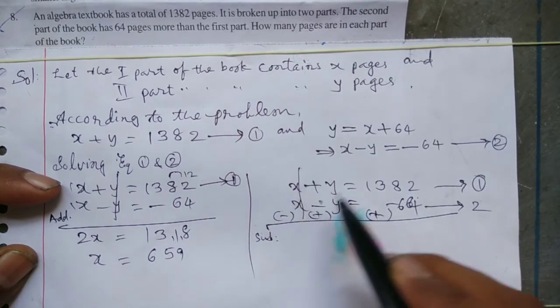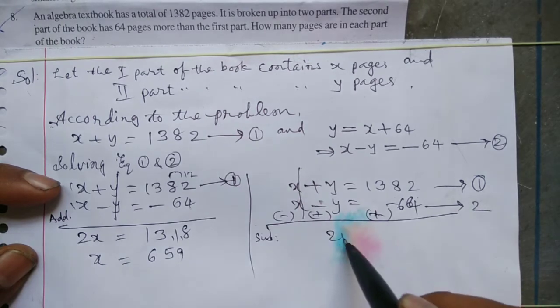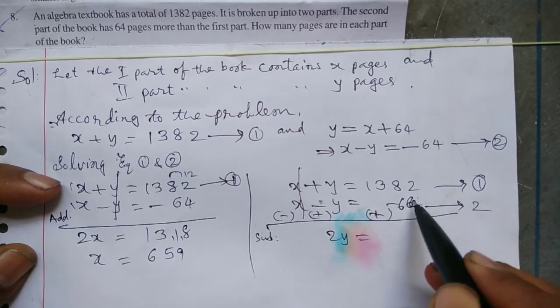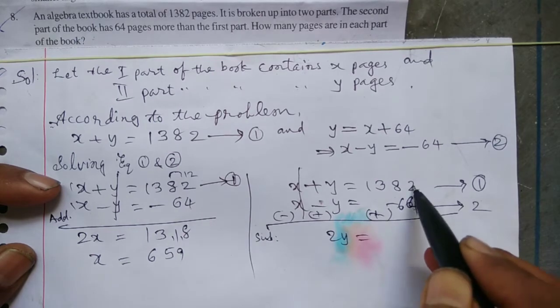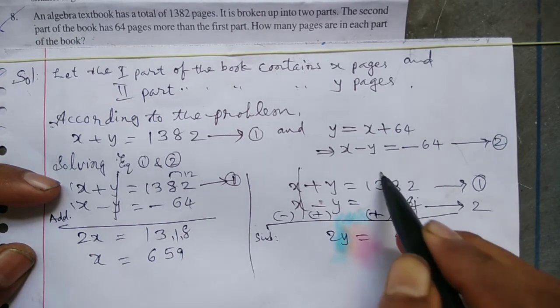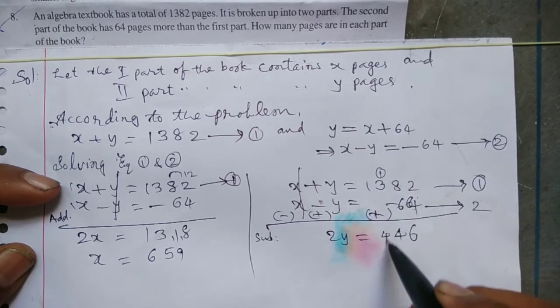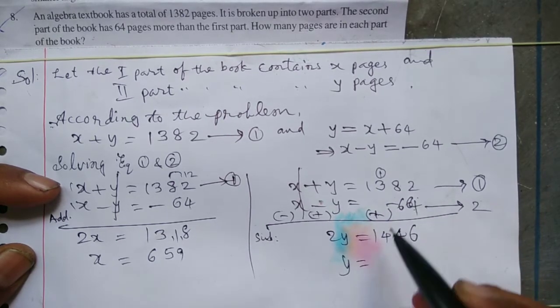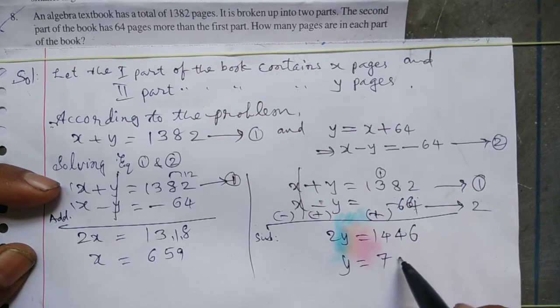So the x terms cancel. 1y, 1y, 2y. 2y is equal to 1382 plus 64, which is 1446. y is equal to 723.